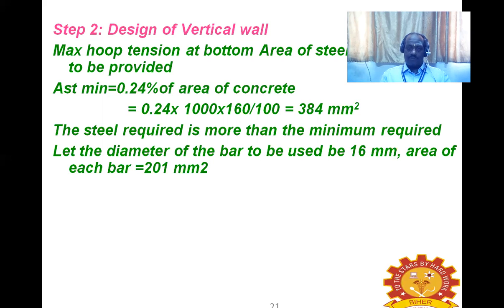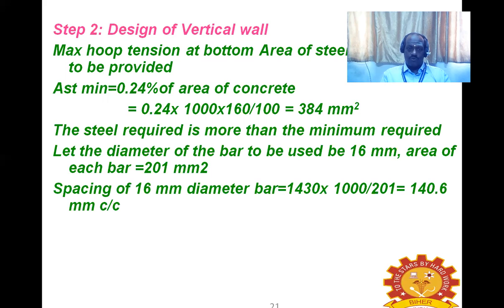Let the diameter of the bar to be used, we can assume any diameter. Since it is hoop bars, we can start with 16 mm, it can be 18 mm, or even 20 mm dia bars. For the hoop tension, we have to design hoop bars. So we are assuming 16 mm dia bars, and we know pi d square by 4.